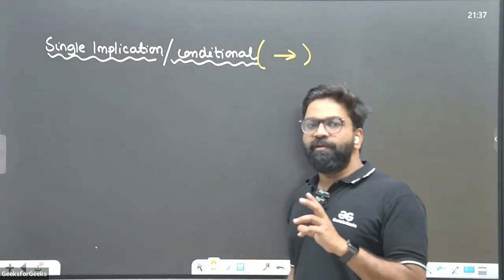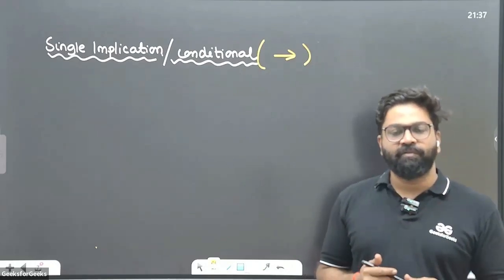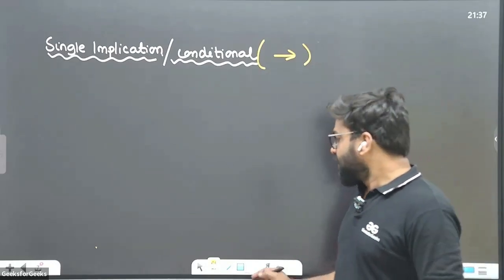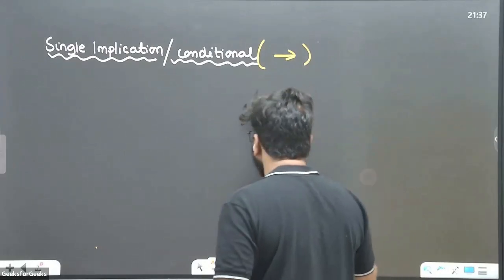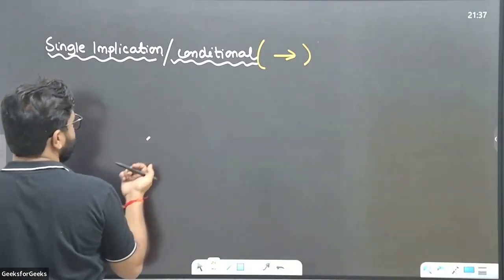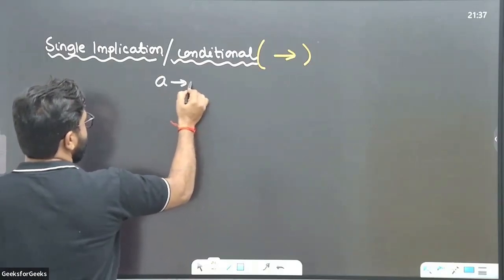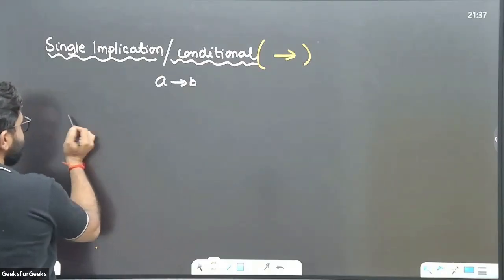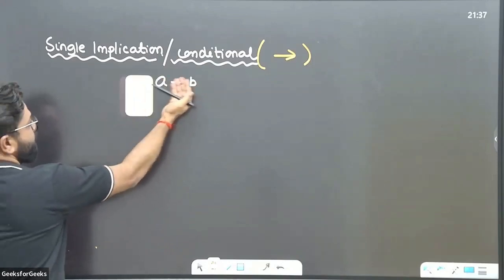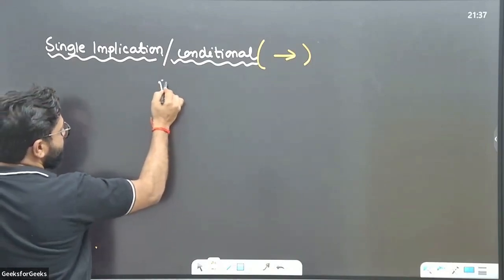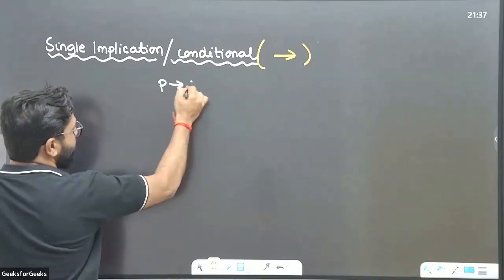The first thing is when we have to use a conditional statement, a single implication. We have to use this notation. See, everyone try to understand. When you see something like that, either you will write like this, or you can also write like this.